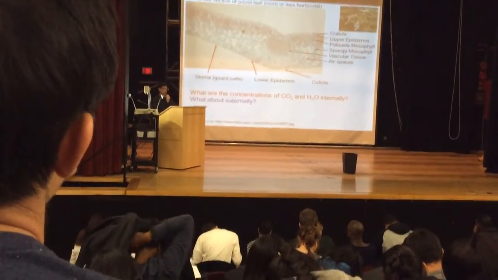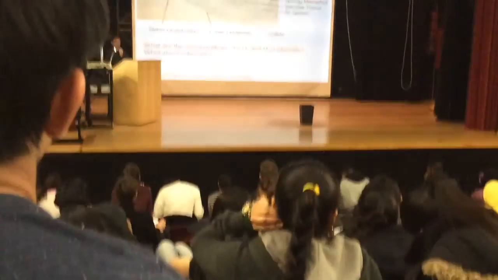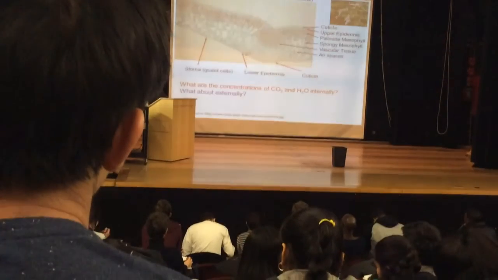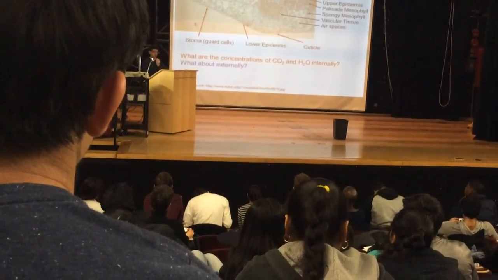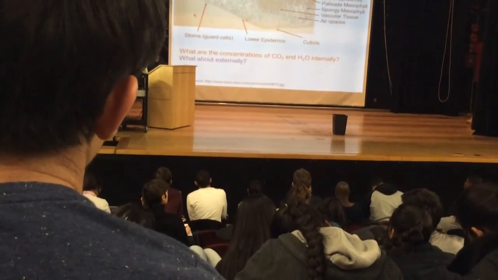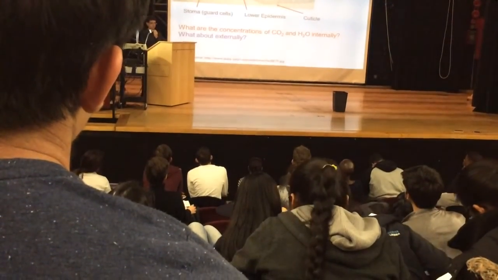If you put your stomata at the bottom, when they open, where is the highest CO2 concentration? Outside. And where's the lowest CO2 concentration? Where inside? This is what I cannot do with the pin.